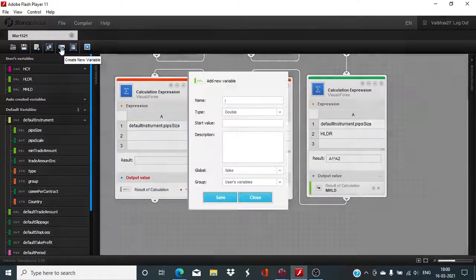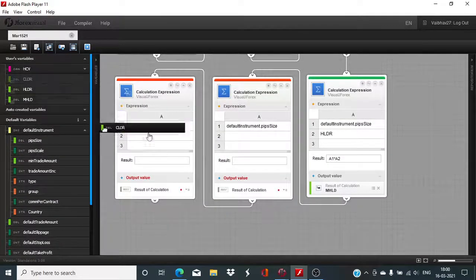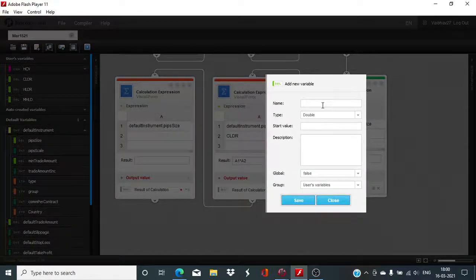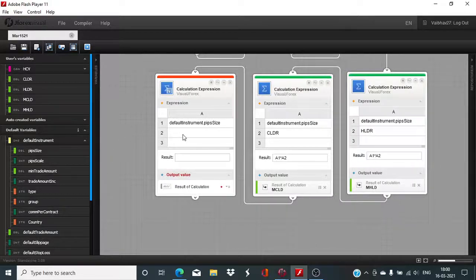Then comes another one. Here the closing value should be above the lowest point, so low difference, and this will be 15 pips. Again a1 into a2. And here this will be for the execution of the trade, and this will be actually the buy price.